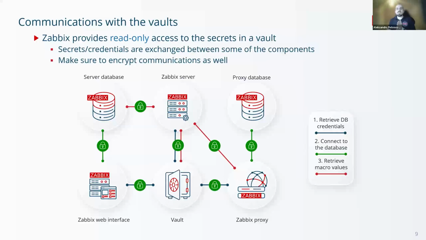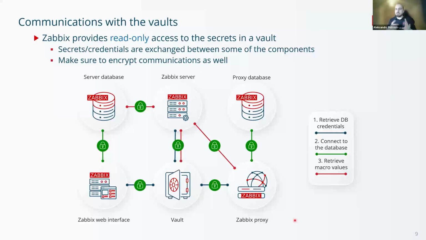And since each component still works with the data, uses the data, right, to communicate to the database, maybe to the vault itself, or again, maybe between one another to exchange the data, make sure data will not be intercepted in between, right?